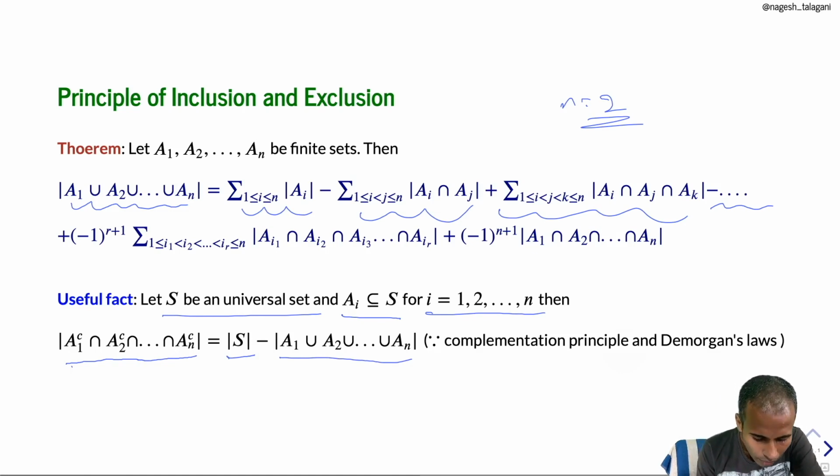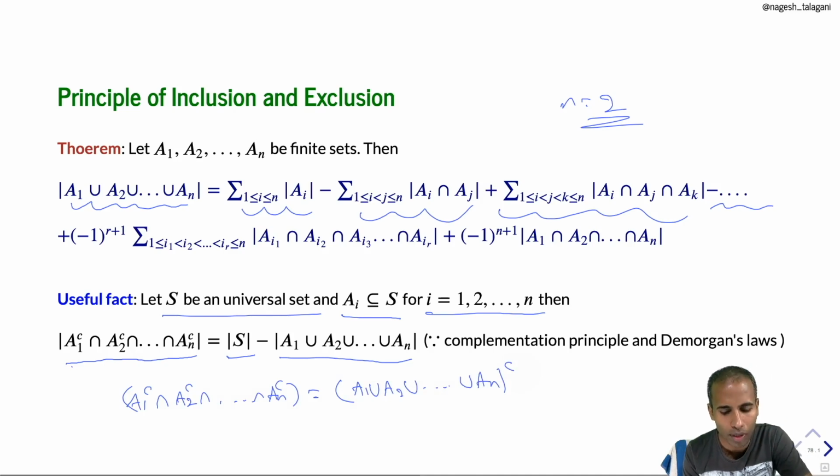Because by De Morgan's laws, I can write A1 complement intersection A2 complement intersection and so on An complement as A1 union A2 union and so on An, whole complement.